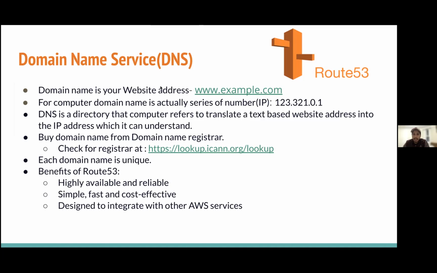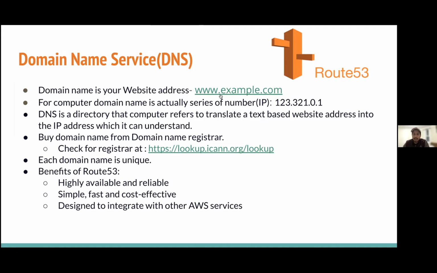That could be a domain name for a website. But computers don't understand words, they understand numbers. So for a computer to find out how to reach example.com, there is an IP address that is associated with example.com, right? And you get this from your domain name registrar.